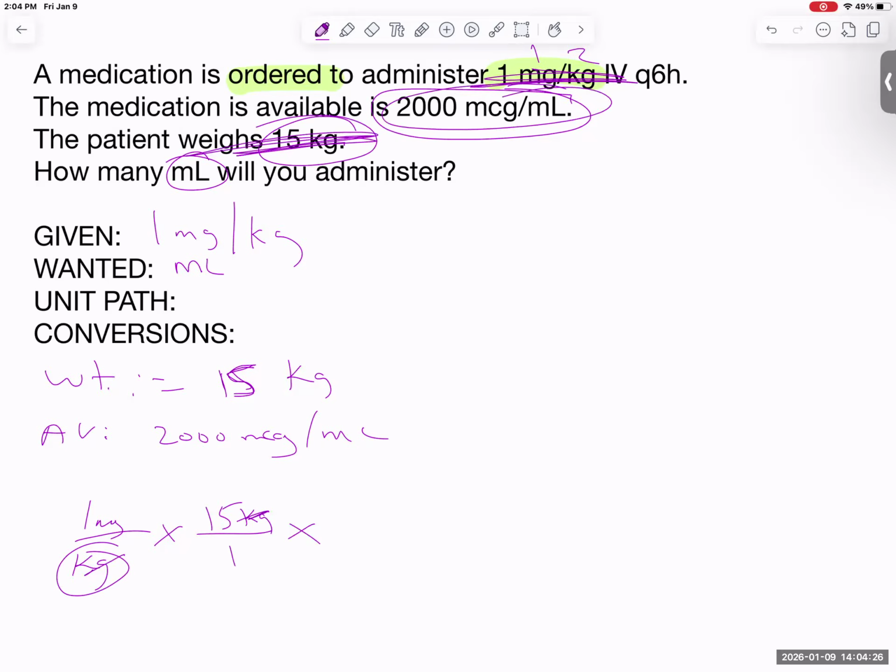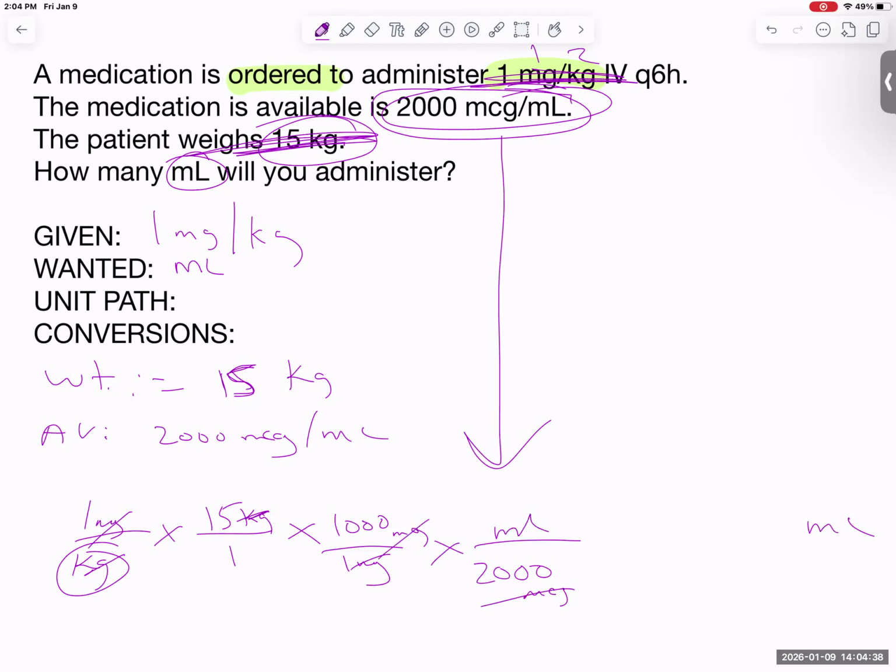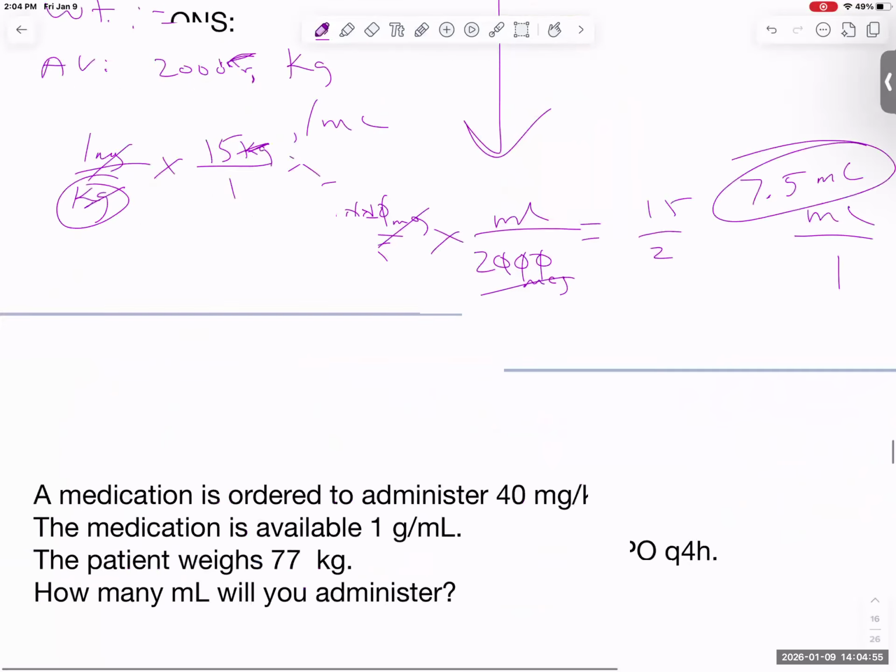So I'm going to do my conversion. 1 milligram is 1,000 micrograms. And then I'm going to use what's available, 2,000 micrograms per milliliter. Beautiful, because that was my wanted all along. So cross off some zeros, 1, 2, 3, 1, 2, 3, 15, and then 2. And when I divide, it will give me 7.5 milliliters. Gorgeous. I love it. All right.